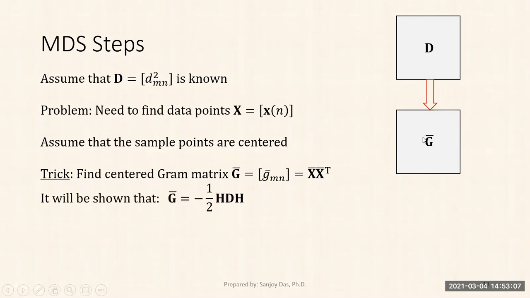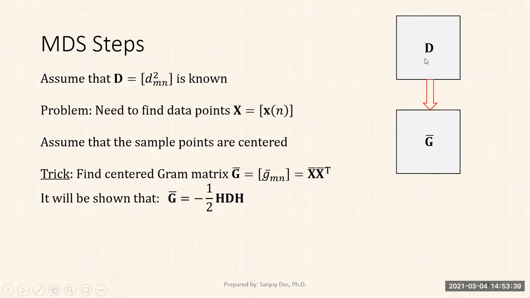This is the first step of MDS. Then from this Gram matrix, how to obtain the centered sample points will be the next step. From the squared distance matrix, we'll get the centered Gram matrix, and we will show that G bar equals negative half HDH.